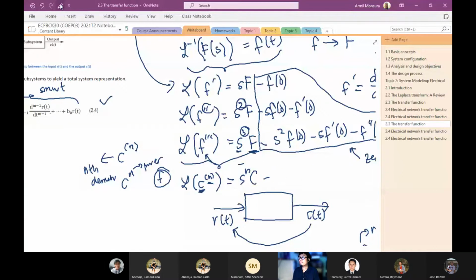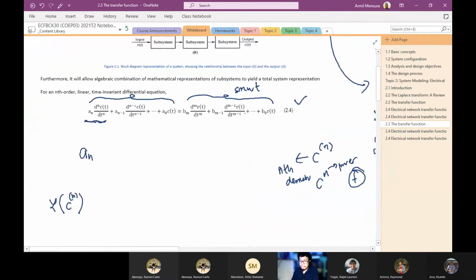This is minus summation ng s, basta merong expression yan dito that pertains to the initial conditions. But then again, sabi nga natin, in this particular case that we are considering, we will consider all your initial conditions to be 0. So therefore, lahat ng terms na to magva-vanish. Magiging 0 na lang yan. Okay, so that said, the Laplace transform ngayon ng nito is simply s raised to n times C.